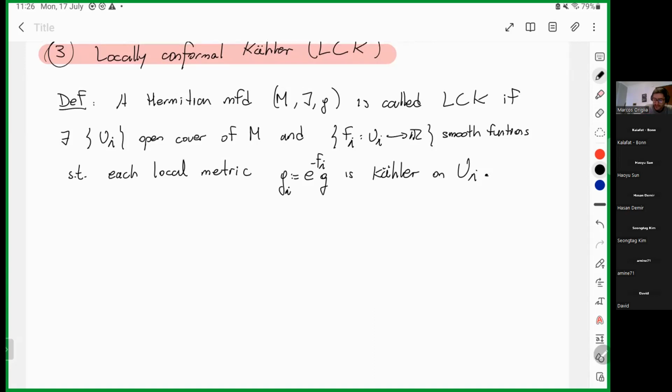But of course, if you need to check that a given metric is locally conformally Kähler, this definition is not the right one, because you need to make this open cover, try to find the functions and prove that the local two form associated to this new metric g_i is closed.